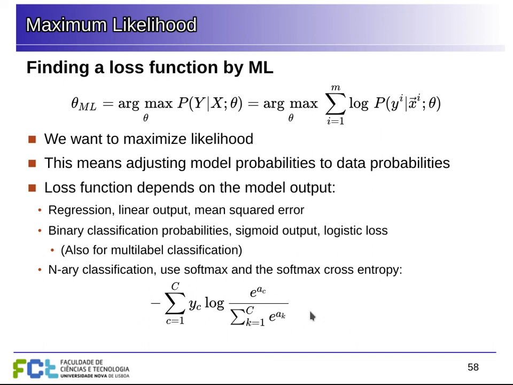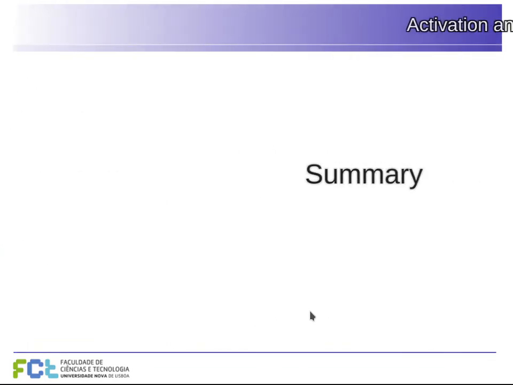However, with different problems that we're trying to solve, we need different outputs from our model, and these different outputs will result in different loss functions. So the take-home message is to pay attention to what kind of problem you're solving to determine what activation you need on your network, and then depending on the activation, look at what loss functions are appropriate for your model and for the particular problem. Okay.